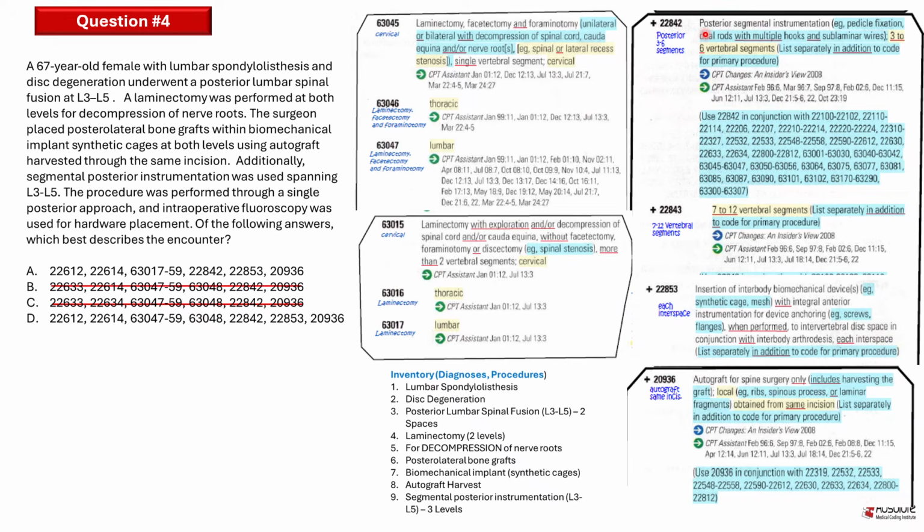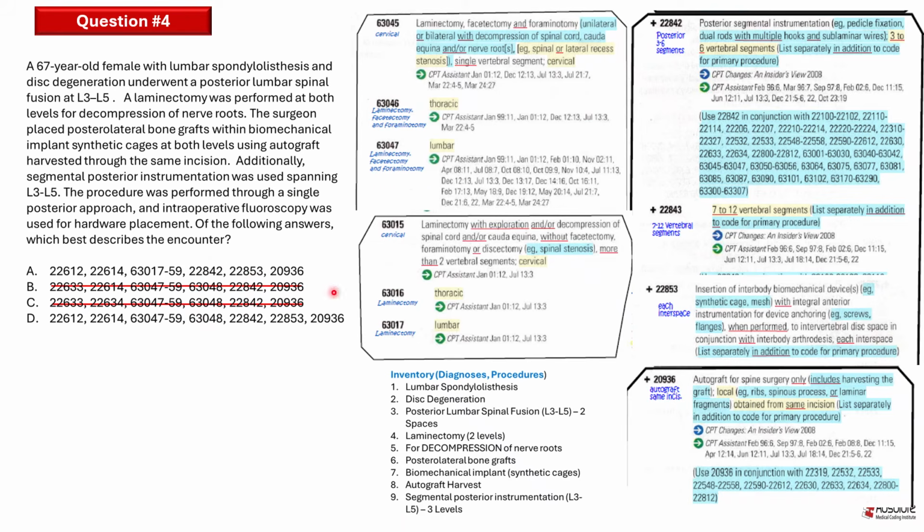22842 is your posterior segmental instrumentation, 3 to 6 vertebral segments. And if we look down, we've got segmental posterior instrumentation. We had 3 levels, 3 segments. So we can use this code. This is a good code.